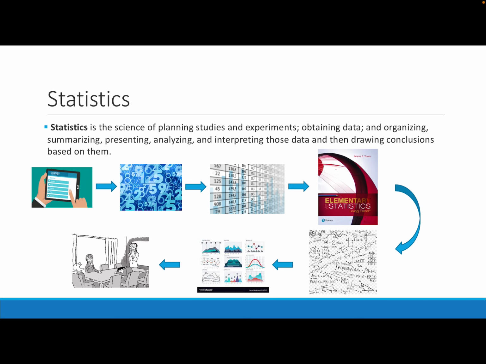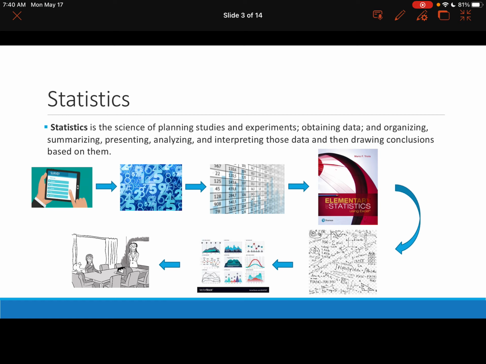So the next thing will be, what is statistics? It's a subfield of mathematics. Because here, the statistics group is in the math department, so it's part of mathematics. It's a science of planning studies and experiments, of obtaining data. So that will be the first step. How do we get the data?